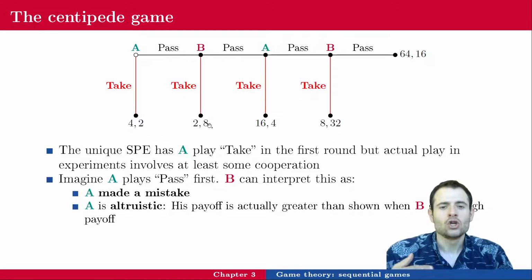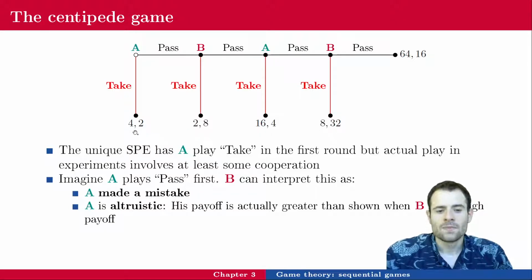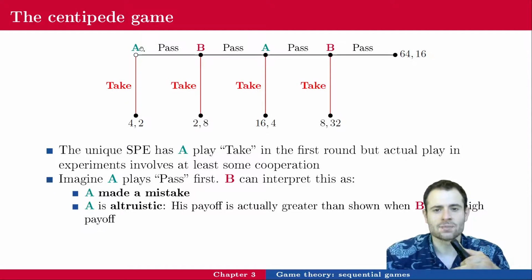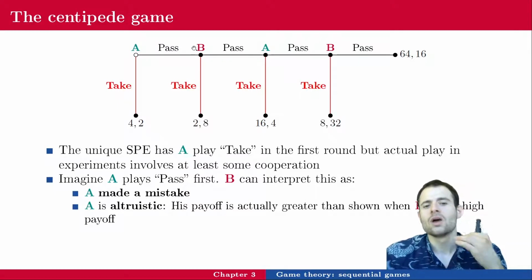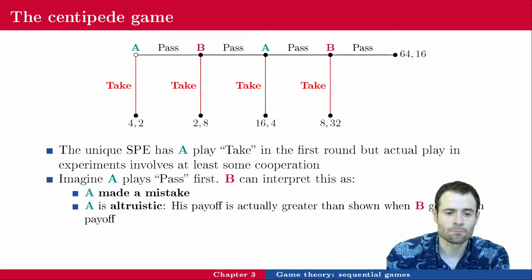So the actual utility of A is bigger than just what the payoffs show here. The payoffs could be amounts of money. But maybe A is even happier than just getting his money when B also gets more money. So A could be altruistic.